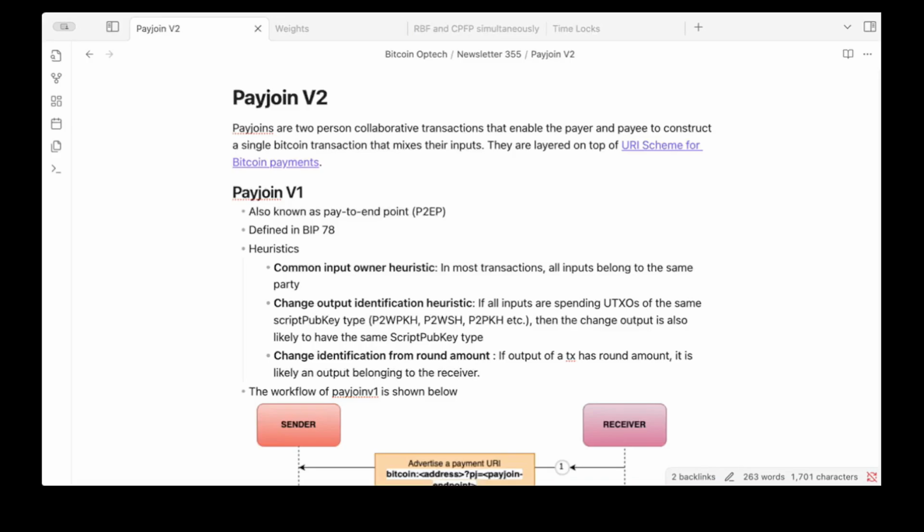Then the third pitfall in the standard way of constructing a transaction is change identification from round amounts.